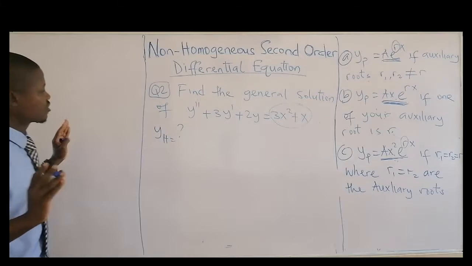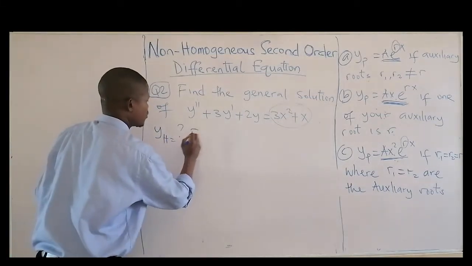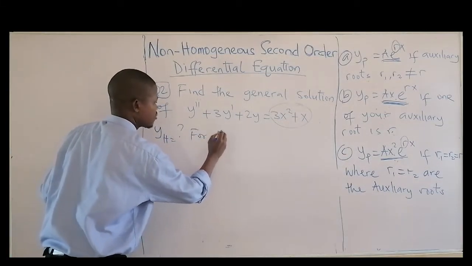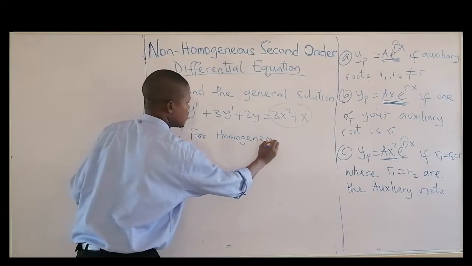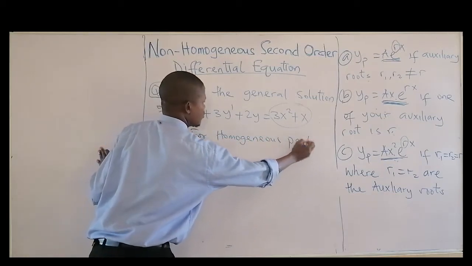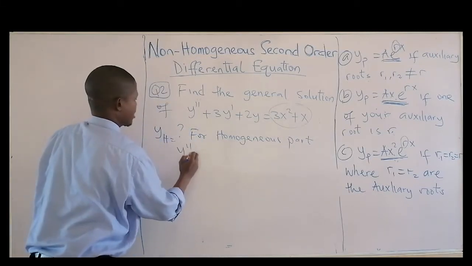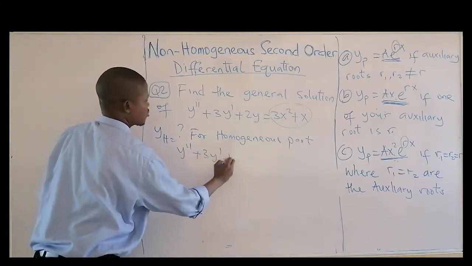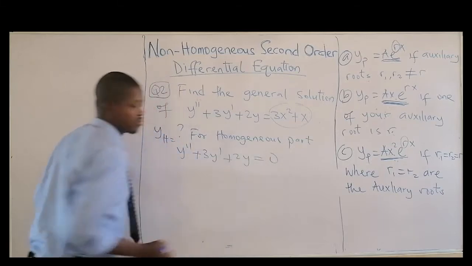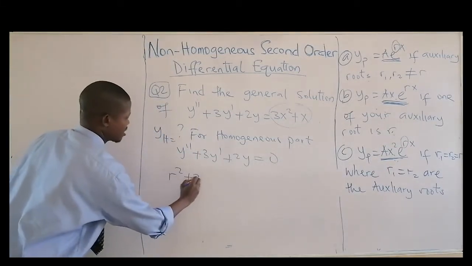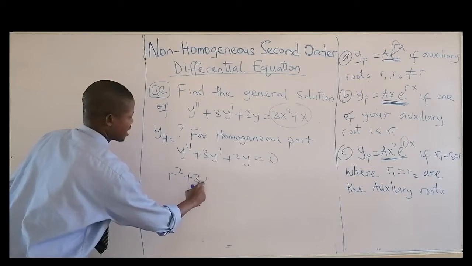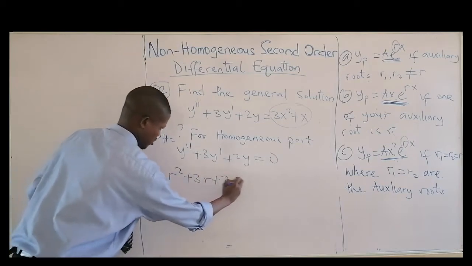So for the homogeneous parts, we have y double prime plus 3y prime plus 2y equal to 0. Then we can get the auxiliary equation of this, and that will be r squared plus 3r plus 2 equal to 0.